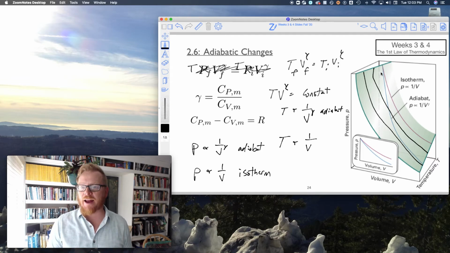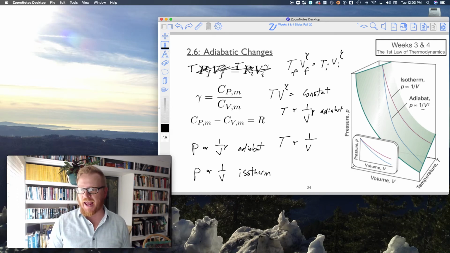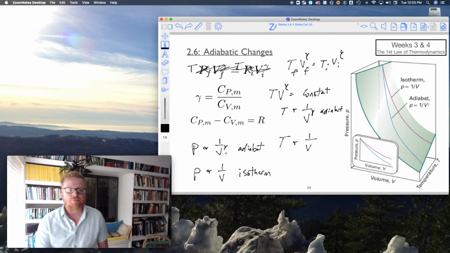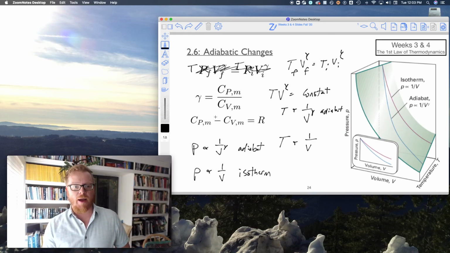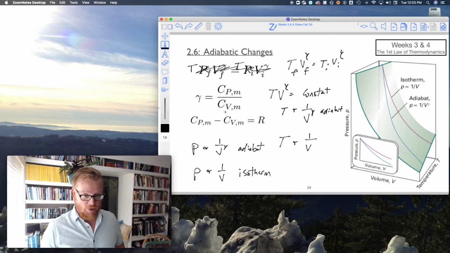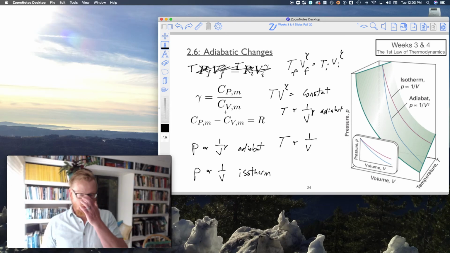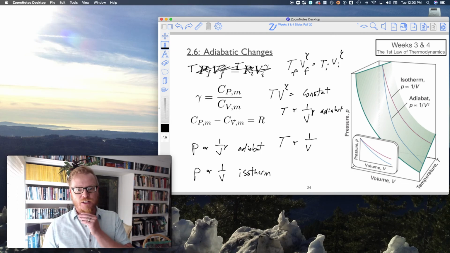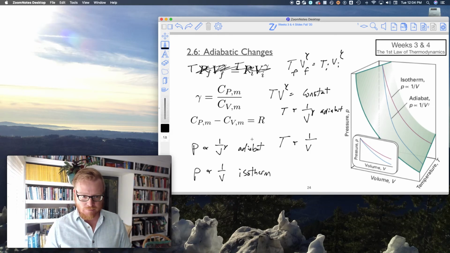But an adiabat, on the other hand, because it has this exponent right here, it's 1 over V raised to some power gamma, which now I'll talk about. Gamma is the ratio between CP and CV, okay? Whatever CP and CV is, we would still have to plug in an equation for CV, an equation of R, and we're going to do that next, all right?